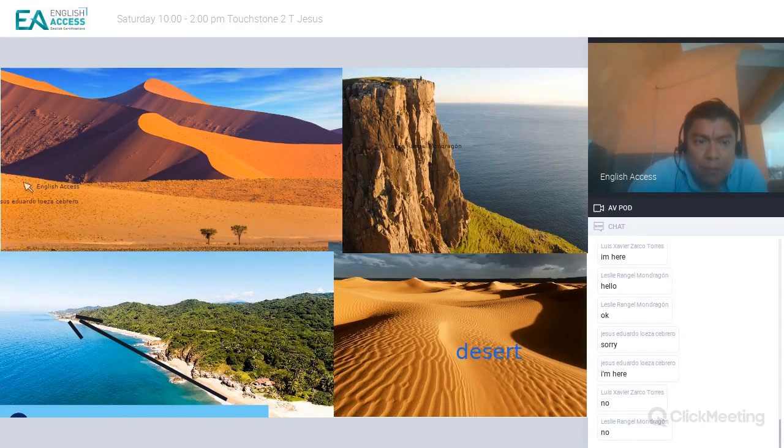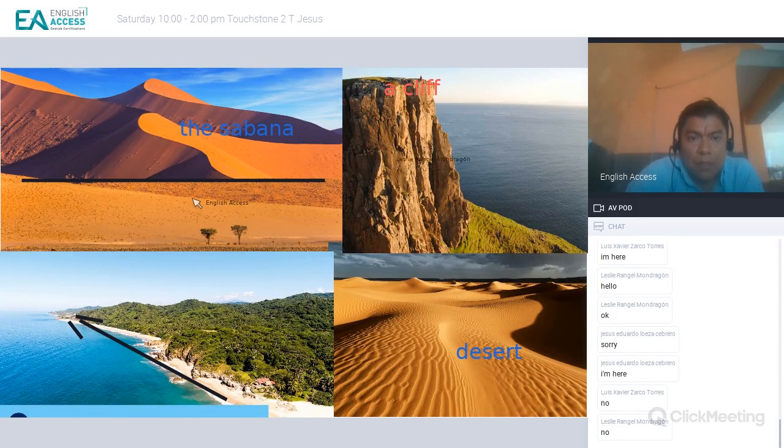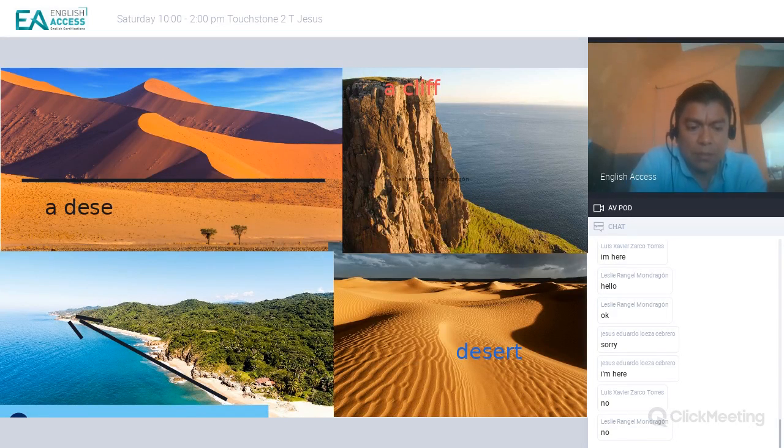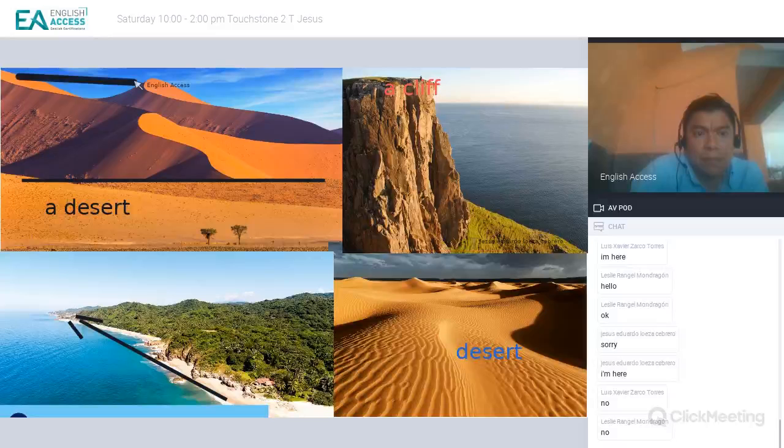Is picture one the savannah? Okay, actually, that's the name of the desert. Yes, but what are we looking at? This bottom part is a desert. Yes, desert. What are these things over here? What are these things?